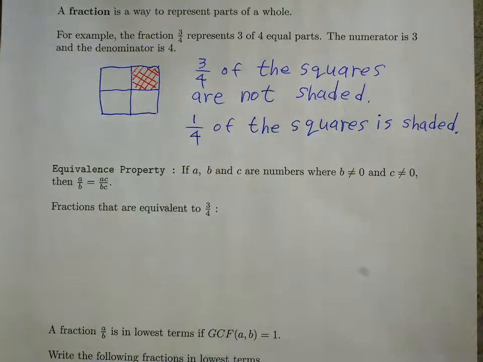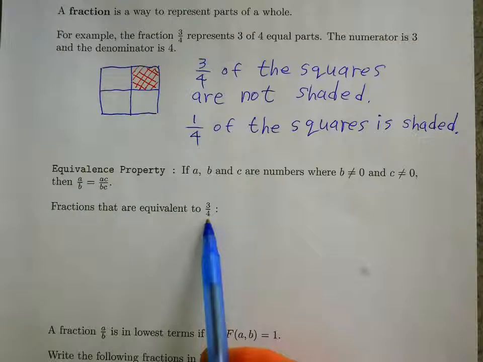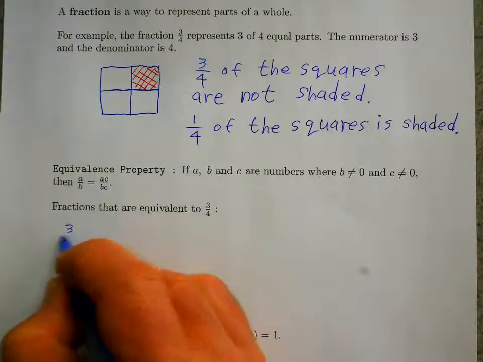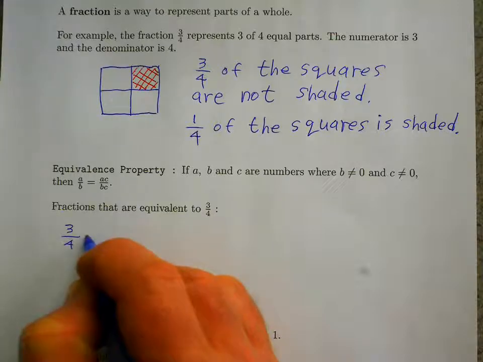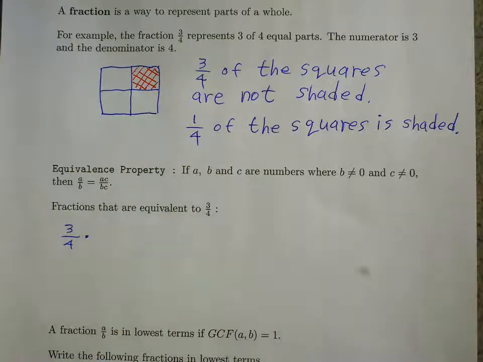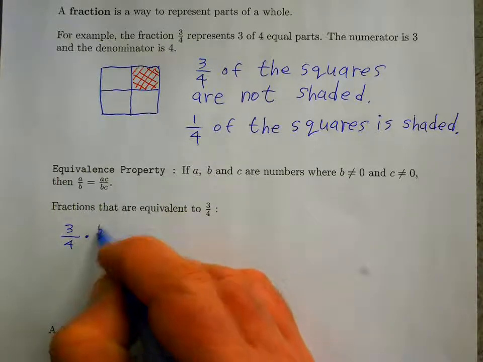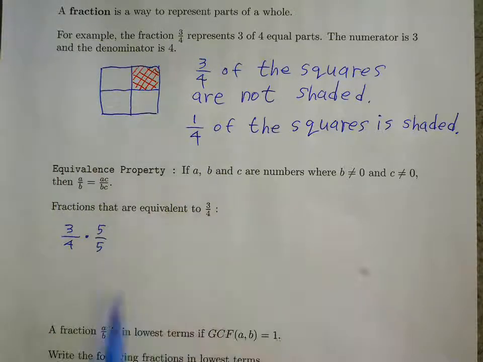So one way to find a fraction that's equivalent to this one is just to multiply the fraction 3/4 times 1 in any form that you like. So if I want to multiply 3/4 by 1 in the form 5 divided by 5, we all agree that 5 divided by 5 is 1.